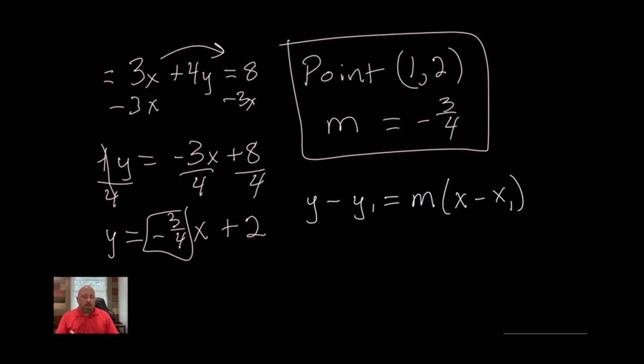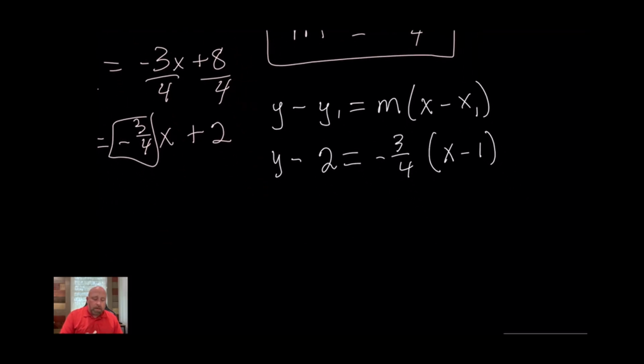All right, so I want to add all my new information in here. My point that I want to use is this new point, where 1 is my x and 2 is my y. So y minus 2 equals our slope negative 3 over 4 times our x minus our x1, which is 1.